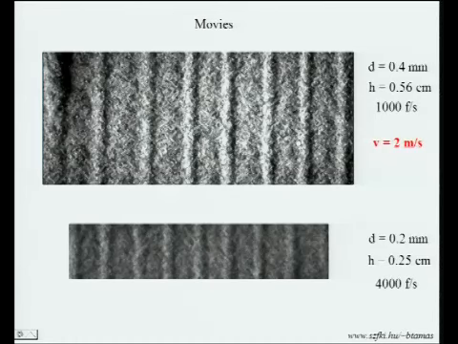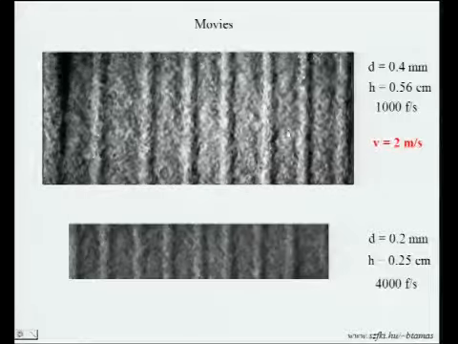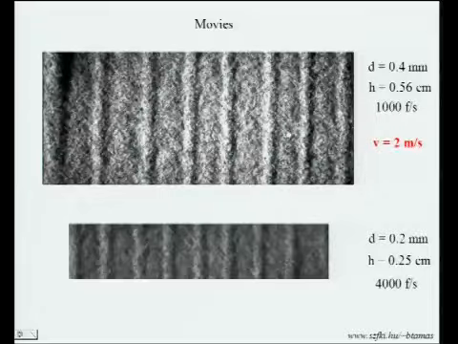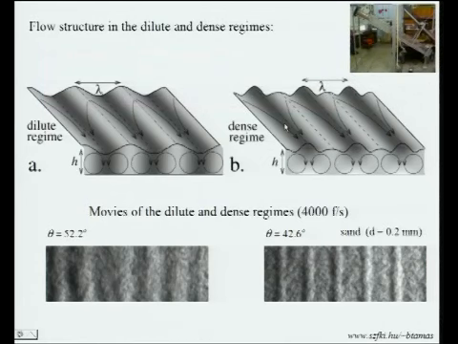This shows a little bit more clearly that these regions move faster than in between here. And if you look carefully, you might even notice the lateral migration of the grains. I'll play this movie once more. You might notice that actually the grains are migrating towards these fast-moving regions. Do you see that?